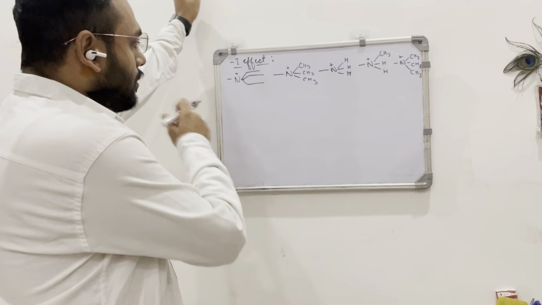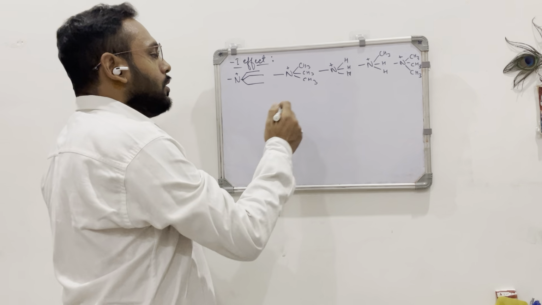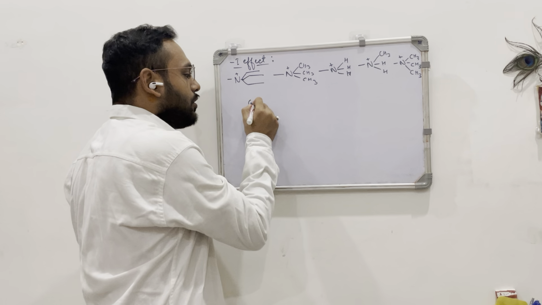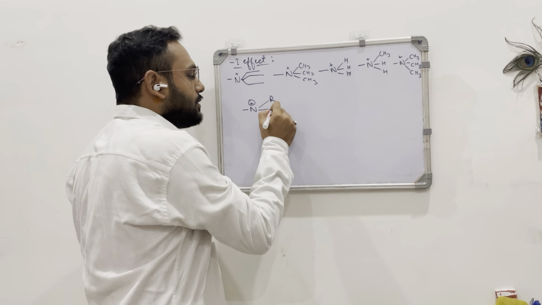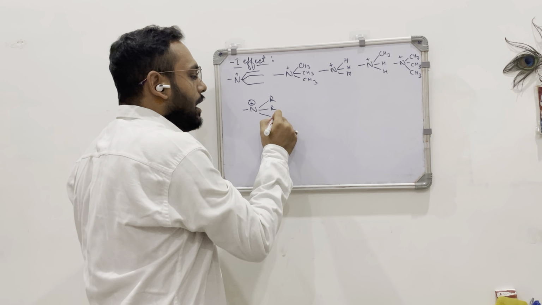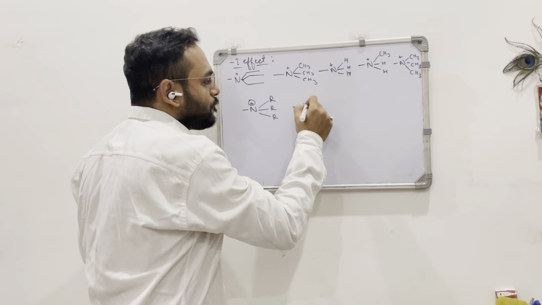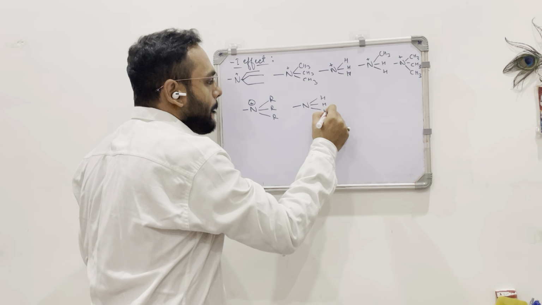So now let's take a simple group and compare them. Suppose we are taking 3 R attached with this nitrogen and 3 hydrogens attached with this nitrogen.